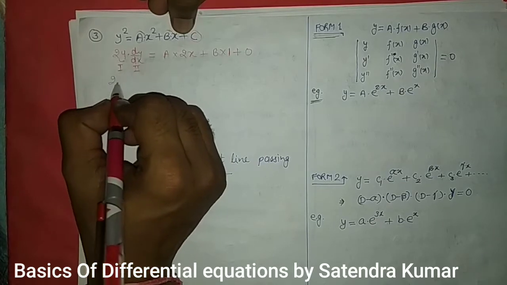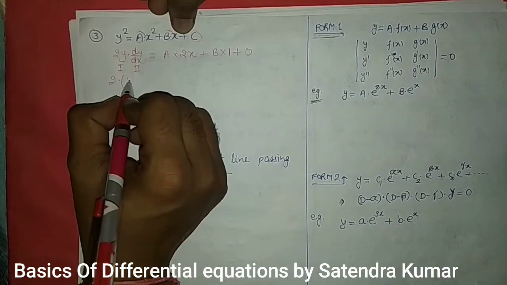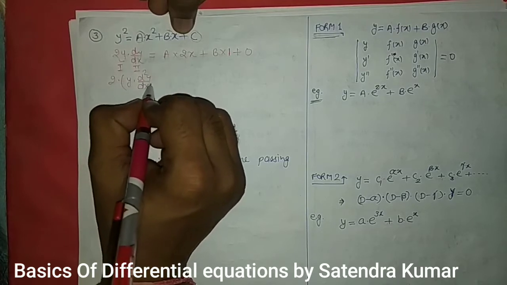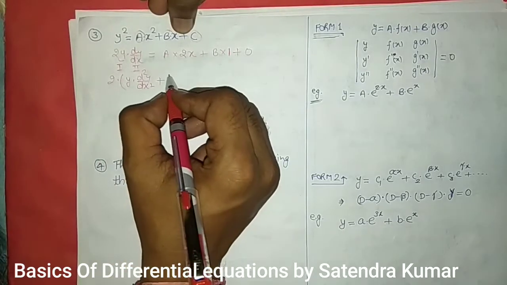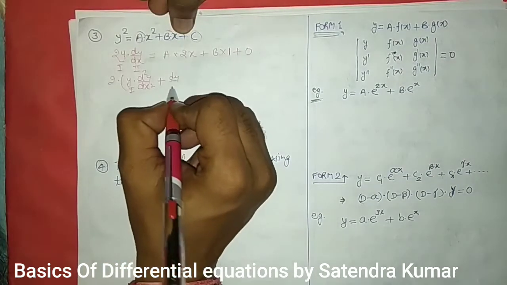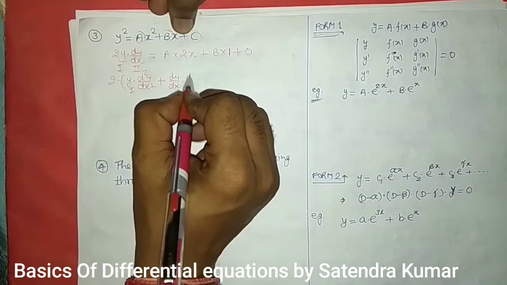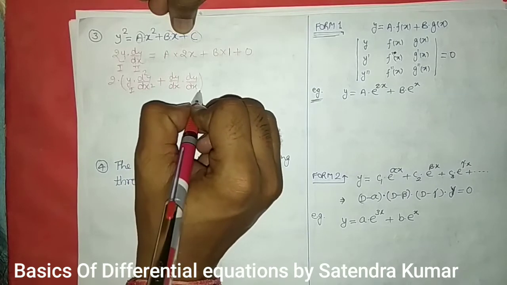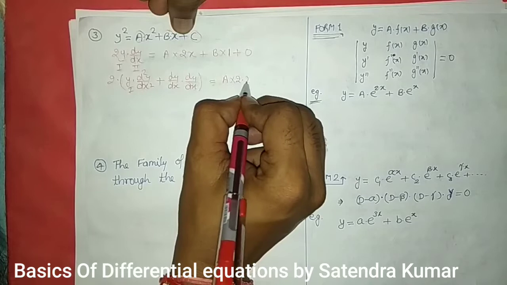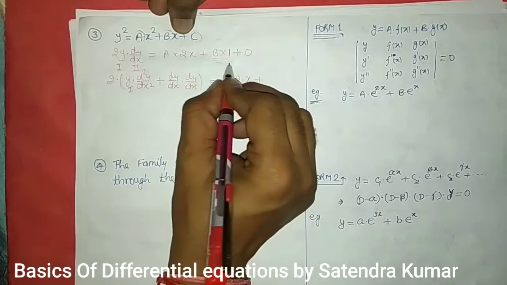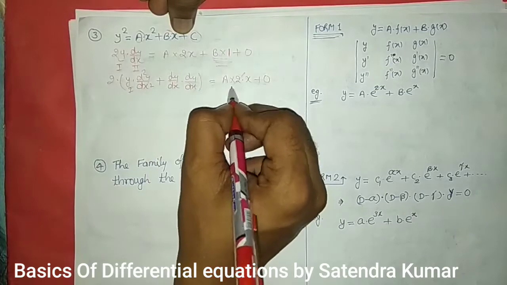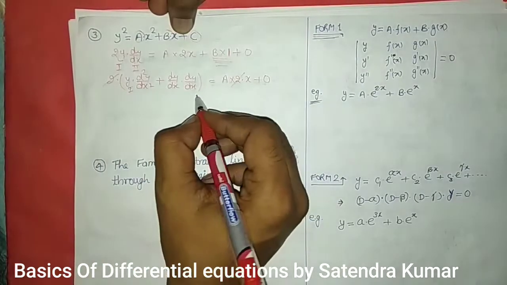We get 2 times first into d²y/dx² plus second, that is dy/dx and dy/dx, equal to a into 2 times x plus this, the derivative of this term will be 0.